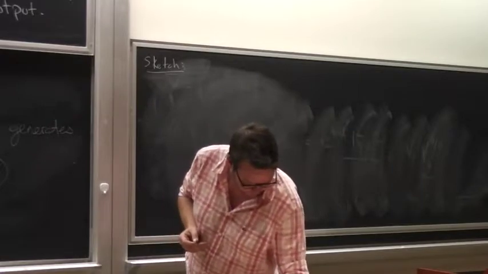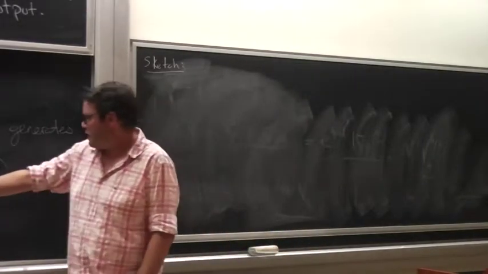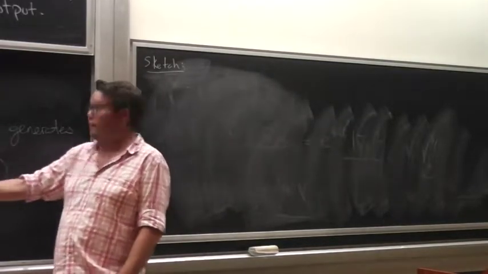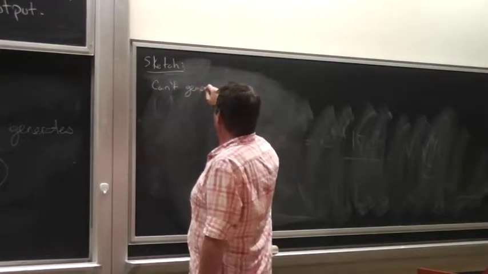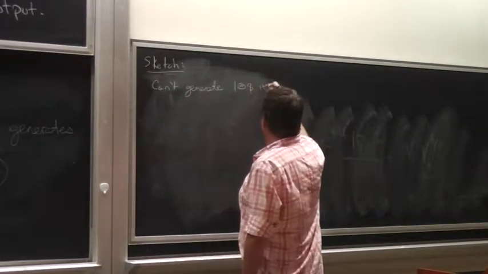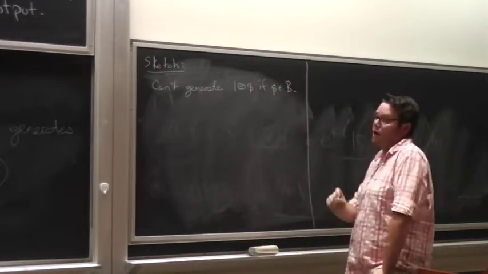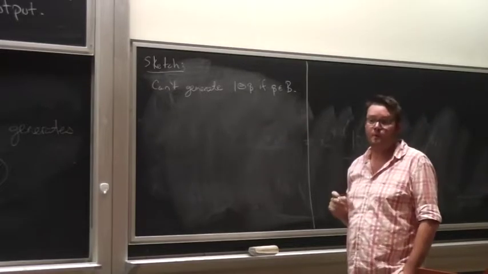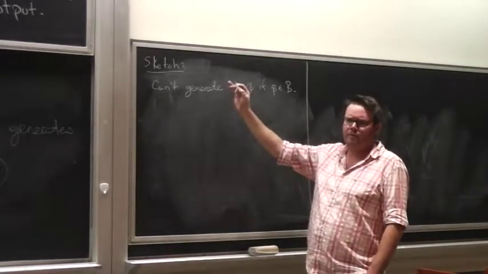For one direction, we clearly can't generate any of these permutations 1 minus beta. So if the container is supposed to avoid beta, we're not going to be able to generate 1 minus beta. Okay? So this, remember, is beta with a new largest entry.